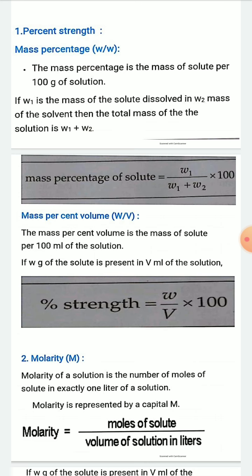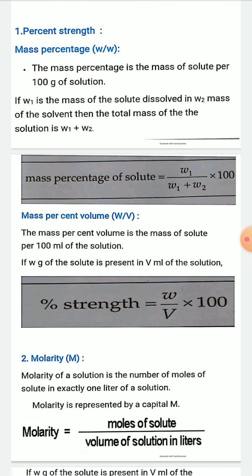Mass of solute is W1, and mass of solution is mass of solute plus mass of solvent, that is W1 plus W2. So mass percentage of solute will be W1 divided by W1 plus W2, into 100. This is the mass percentage.